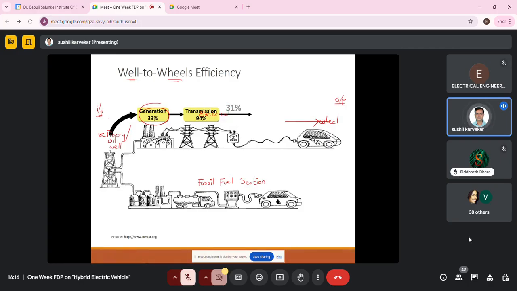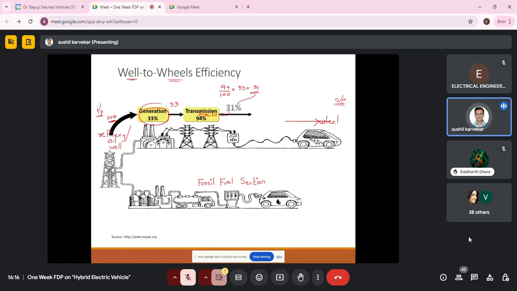If 100% is present, after generation we are going to have 33, and then 94% of 33 is 31.